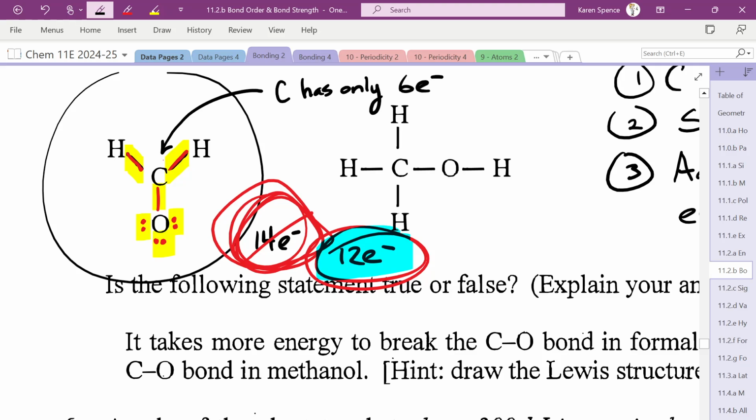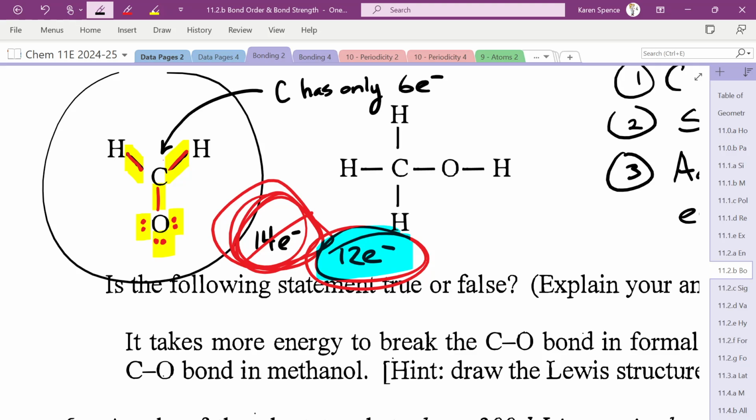You can never have carbon with 6 electrons. Who should have 6 electrons? There's 2 of them: boron and aluminum, but only those 2. So almost all the time, you're looking for 8.